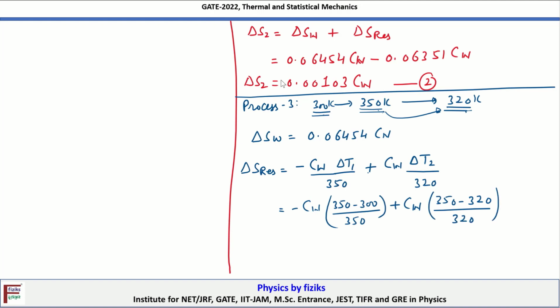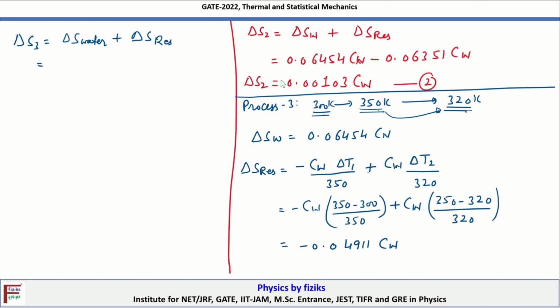Okay, and after doing the calculation, we will obtain that this is equal to minus 0.04911 CW. You can cross check these calculations. So delta S3, the entropy change for the universe during process 3, is again delta S water plus delta S reservoir.